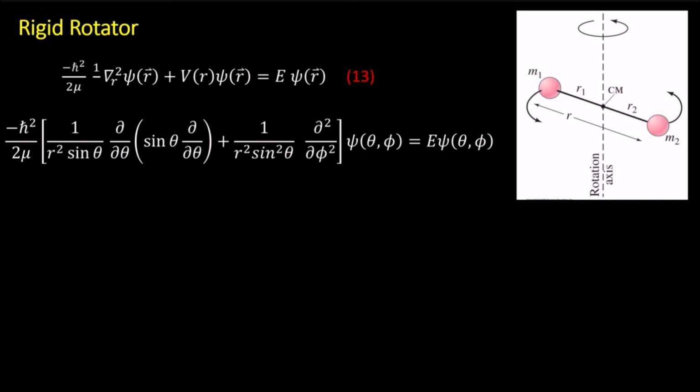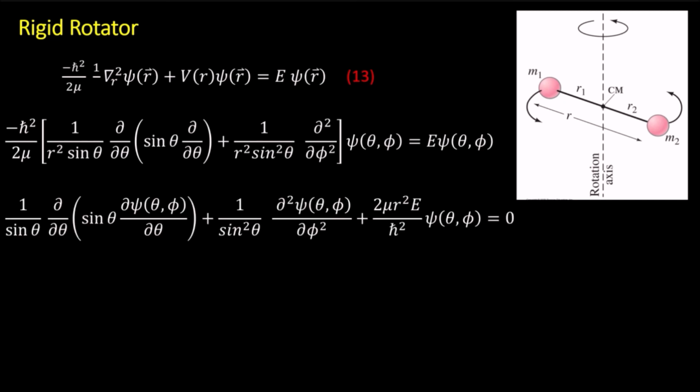This can be rearranged to get this equation. Here μr² is the moment of inertia of the system about the rotational axis, and hence we can make this substitution: 2μr²E by ħ² as 2IE by ħ², which can be taken as a constant λ.